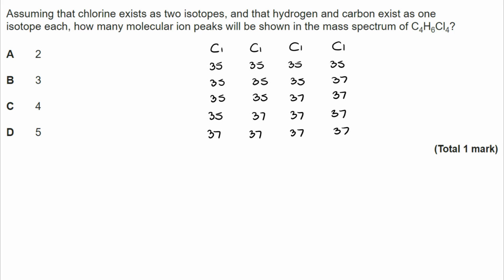I could have 3 35s with a 37, 2 35s and 2 37s, 1 35 with 3 37s, or 4 37s. Remember, it doesn't matter about the position of the 35s or the 37s here. We simply want to know how many peaks there would be. So the correct answer is 5.